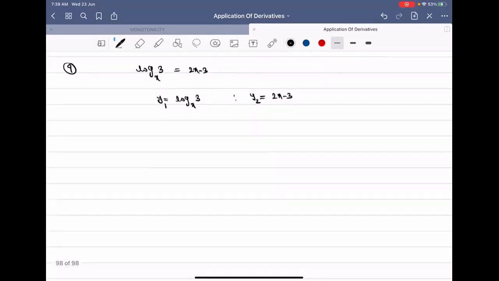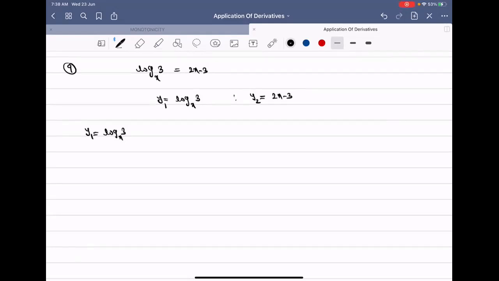Now we'll draw the graph of y1 and y2 on the same coordinate plane, and the number of points of intersection of y1 and y2 is the number of solutions. So first we will draw the graph of log base x of 3.